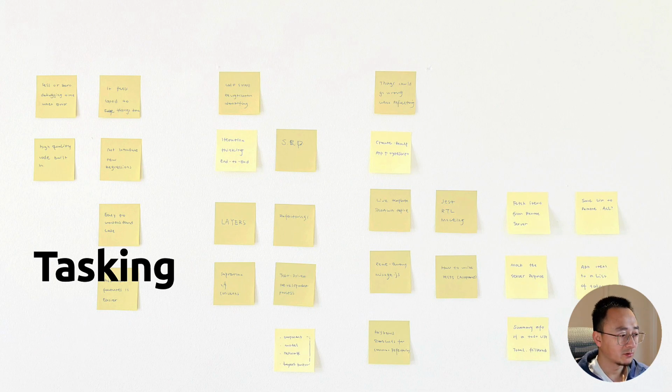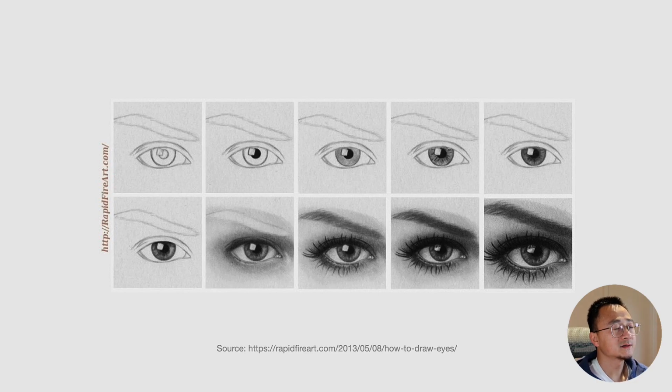But that's critical, because the output of tasking is a to-do list or a checklist, and that list is the input of your TDD red-green-refactor loop. So essentially, without the tasks you break down, you can't efficiently apply TDD, if I put it that way. So tasking is more like a drawing, if I use this metaphor.